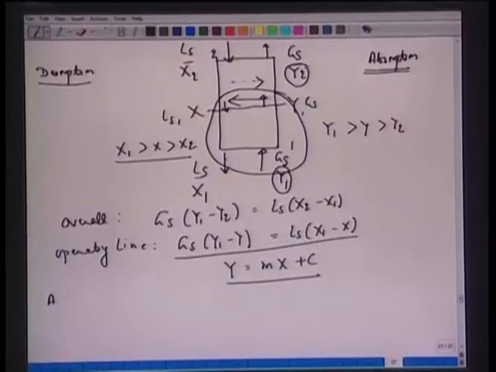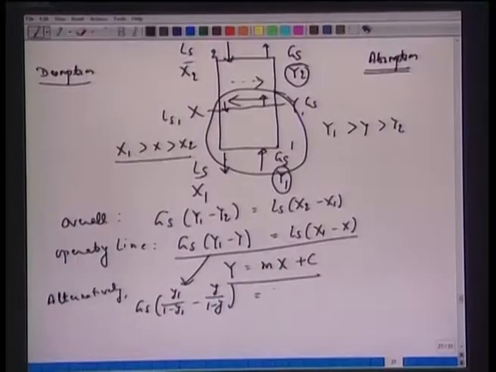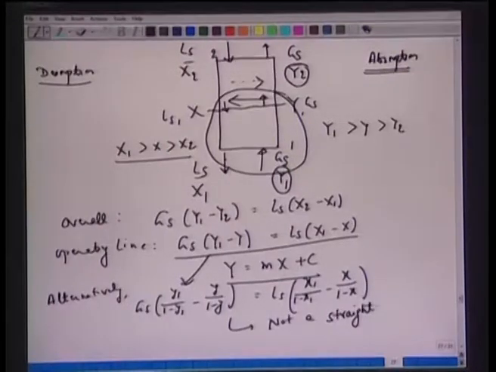Just for your remembrance, alternatively we can also work on actual mole fractions. In that case the curve will not be linear. So we can write Y over 1 minus Y, where all we have done is substitute for Y in terms of the mole ratio, and we have LS times X1 over 1 minus X1 minus X over 1 minus X. But we make a note, it's not a straight line here.